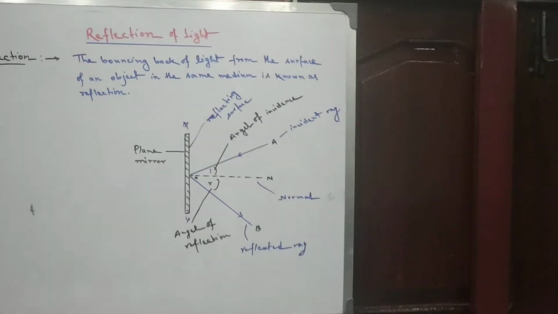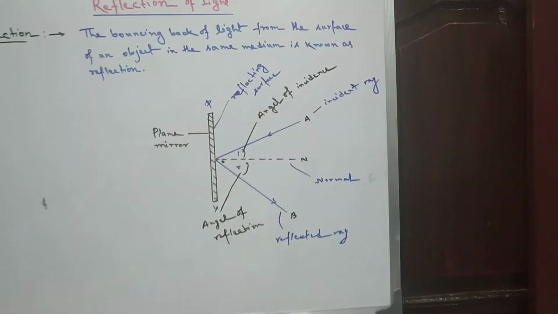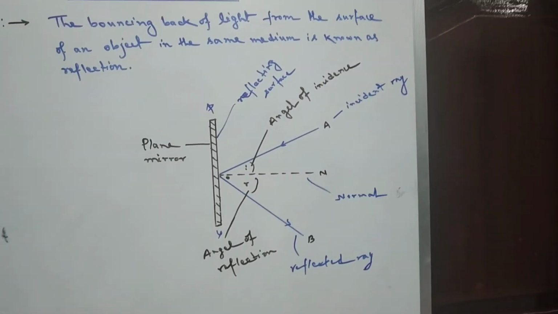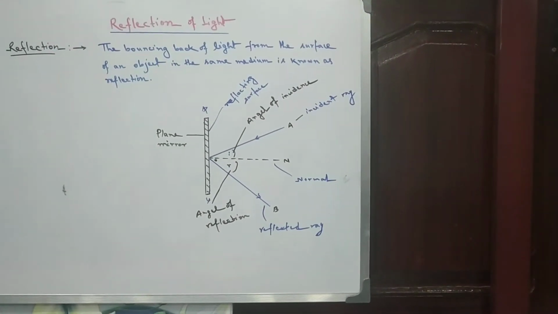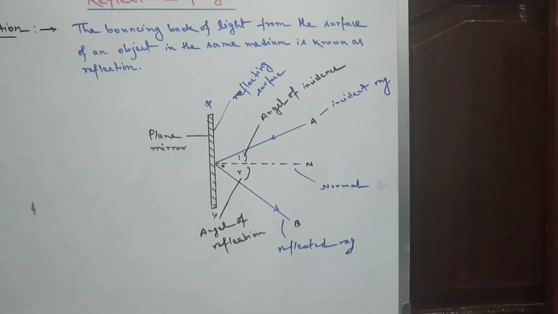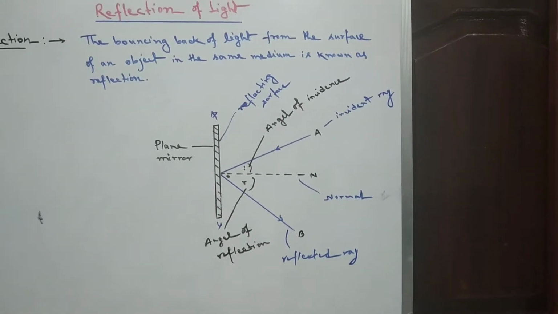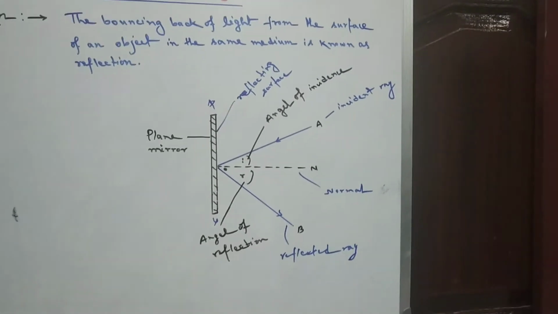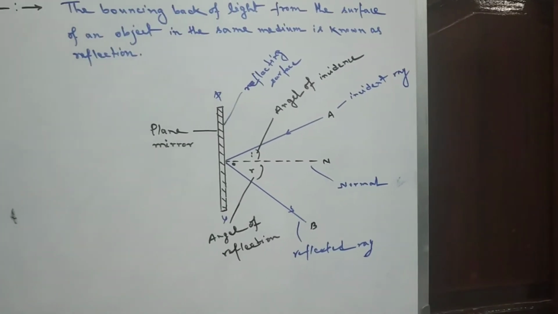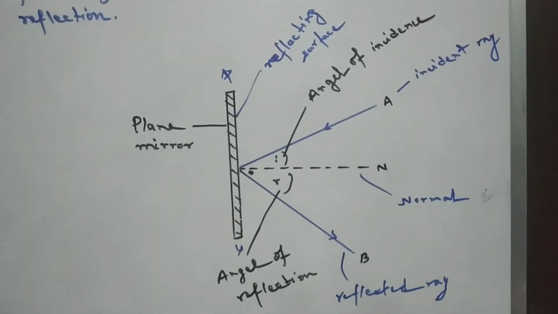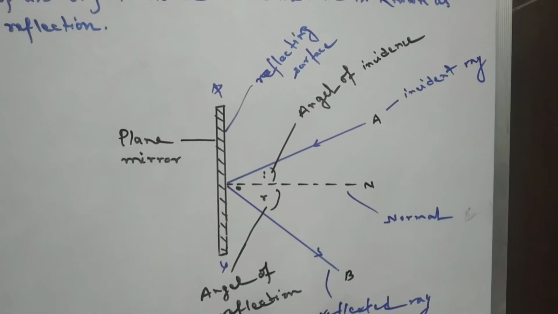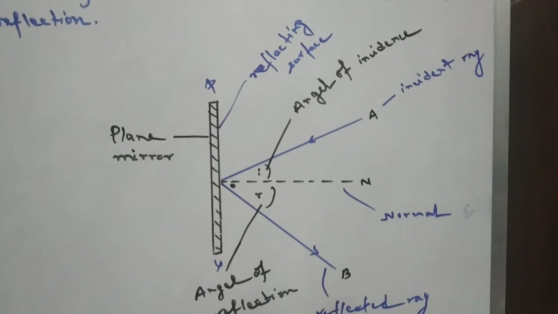Now, here I will discuss some common terms that are used when we describe the topic reflection. Now, see, here is a reflecting surface, XY.